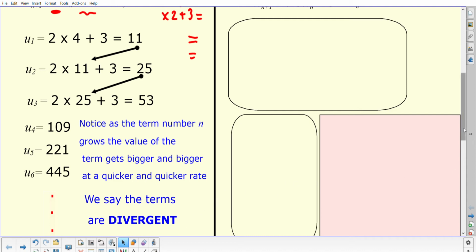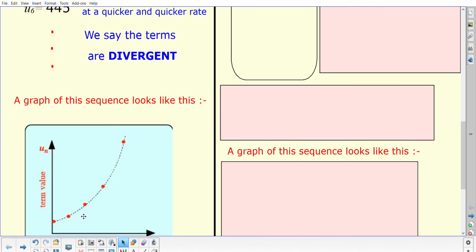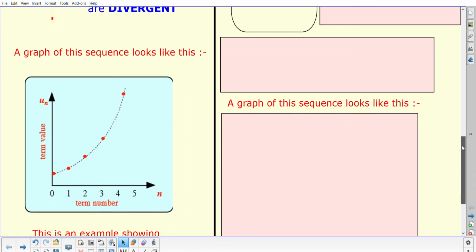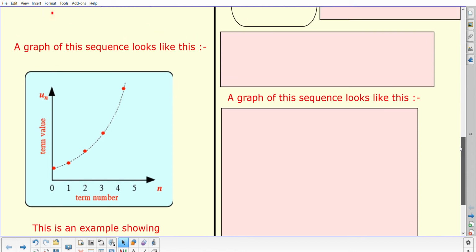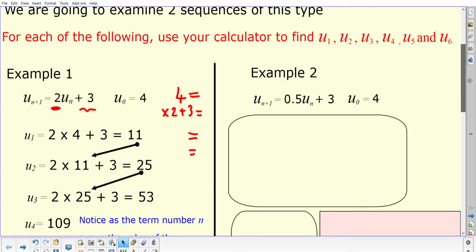If we were to plot on a graph what that looked like, along the bottom you've got the term number and then the term value, and we know that it's rising pretty rapidly. That graph is an example showing something called exponential growth, and you will meet these exponential graphs in a later topic, where we examine that in a bit more detail.